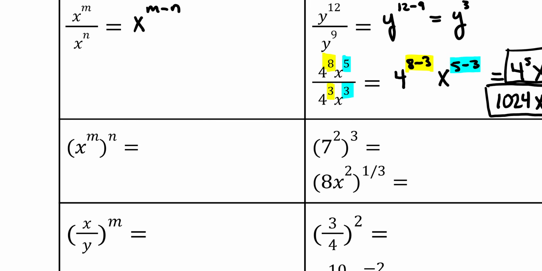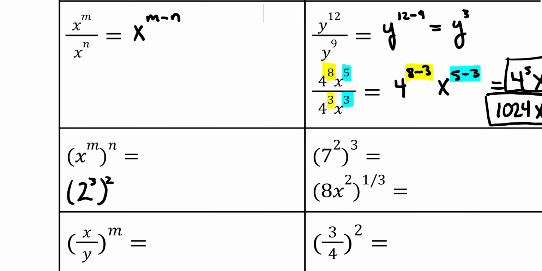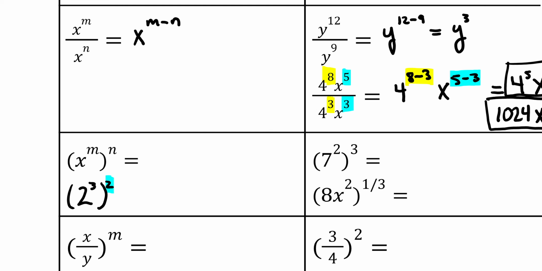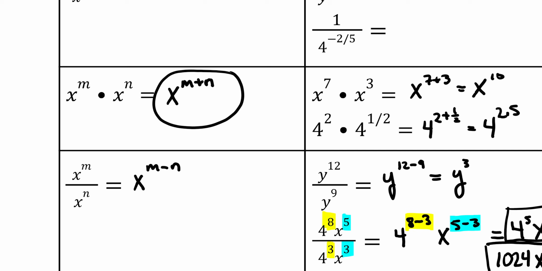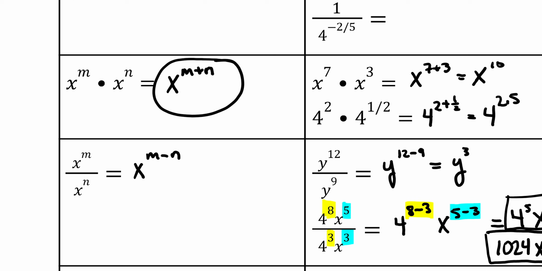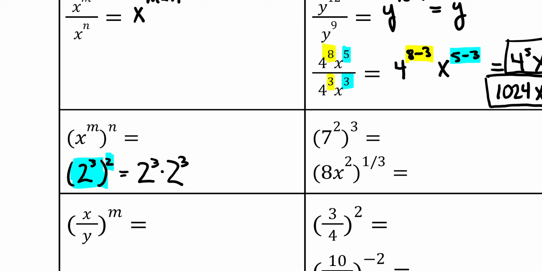What happens if you have x to the m raised to the nth power? One quick way to show that would be if I took 2 cubed and I squared that. What's being squared, the base of that exponent 2, is everything in the parentheses. And so this is equal to 2 cubed times 2 cubed. And then I can apply this rule up here that says when I multiply like bases, I add the exponents. So 3 plus 3, this is 2 to the 6th power.